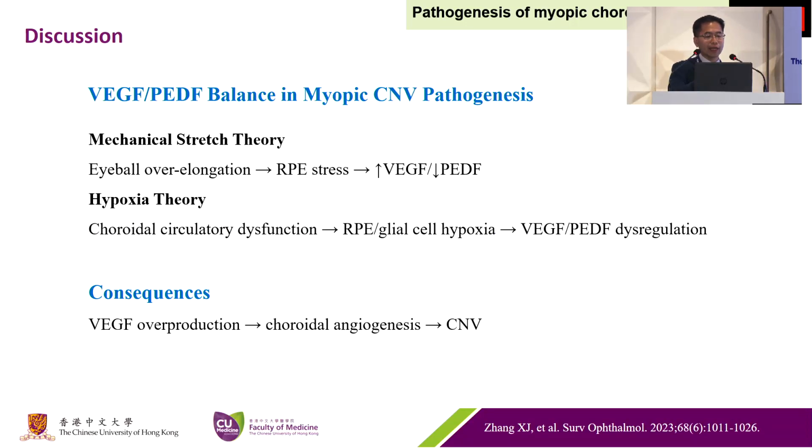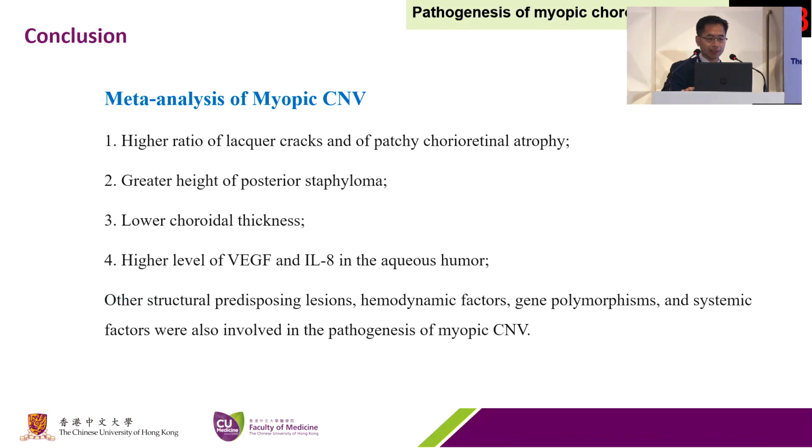These again can be related to the mechanical stretching theory, because the elevated level of VEGF may trigger proliferation of the vascular endothelial cells and growth factors, which induce the CNV. Hypoxia can also lead to this VEGF dysregulation, and VEGF overproduction can lead to the CNV.